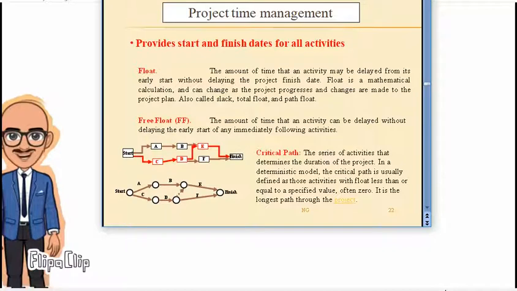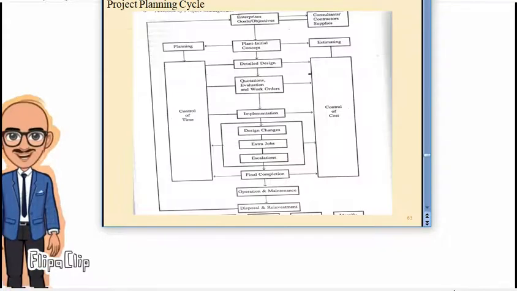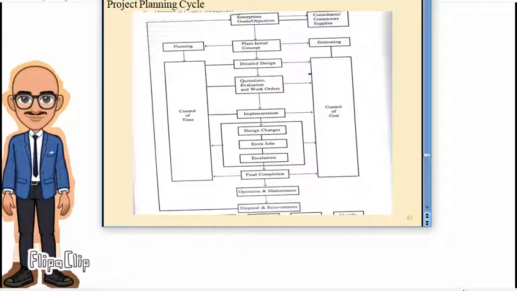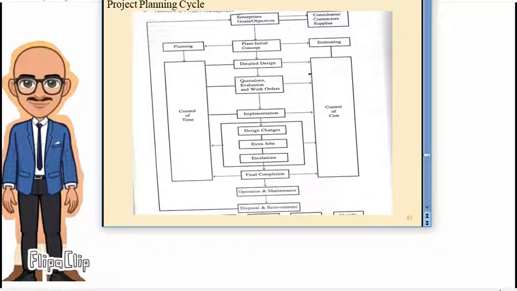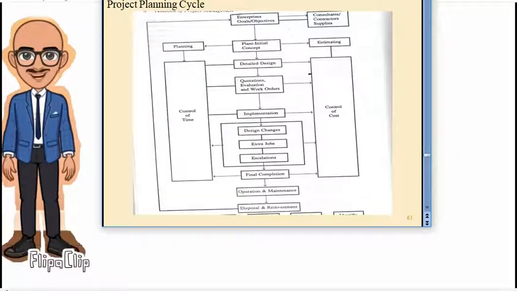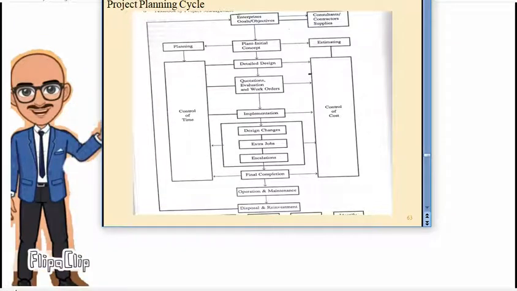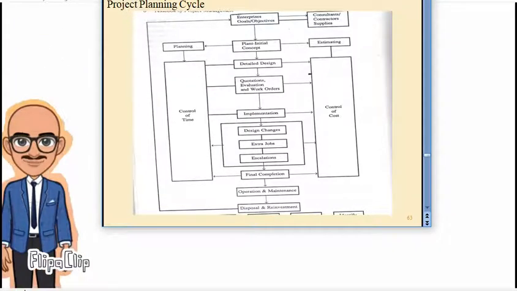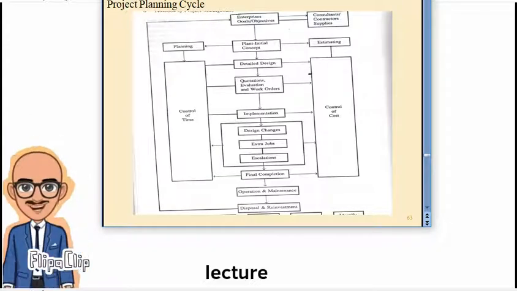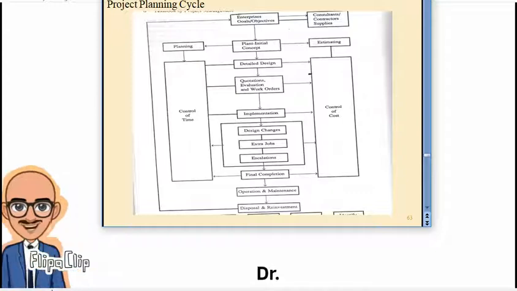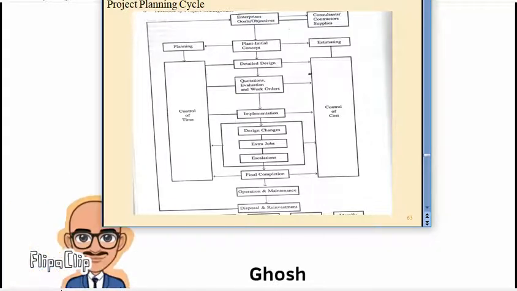Now how project time can be managed can be seen from this particular project planning cycle. When the enterprise goals and objectives are there to implement a particular kind of project, initially there is an initial concept given to the project executors, and then the detailed designing is done, then quotation and evaluation of the work orders.